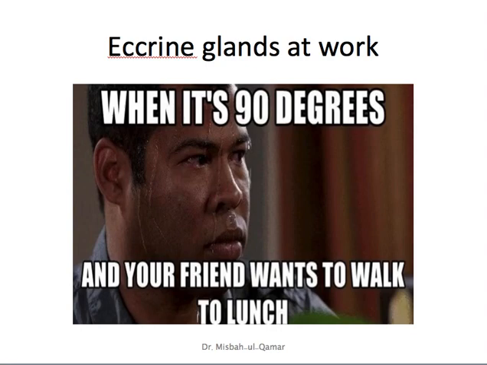These eccrine glands are not associated with the hair follicles, and they are located at the forehead, at the neck, and at the back. Their secretion consists of water, salts, and certain wastes such as urea and uric acid.